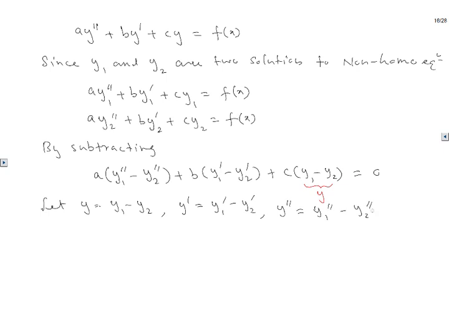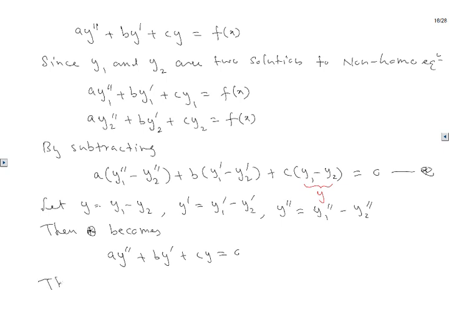Once you plug that into the equation, I'm going to call this star, then star becomes a y double prime plus b y prime plus c y equals 0. In other words, this means that y is a solution to the homogeneous equation.